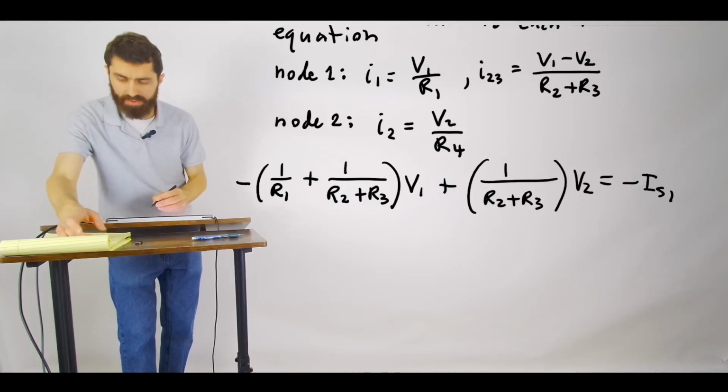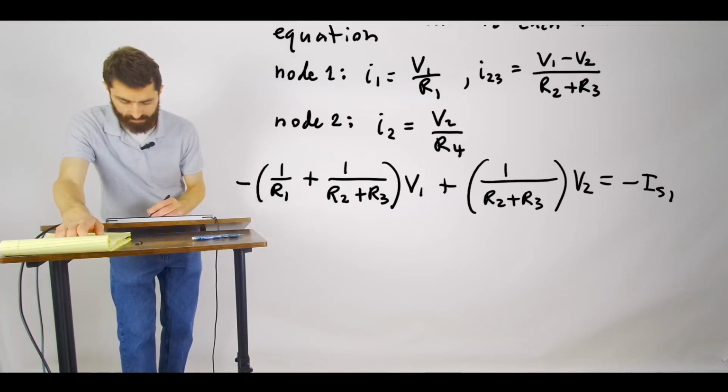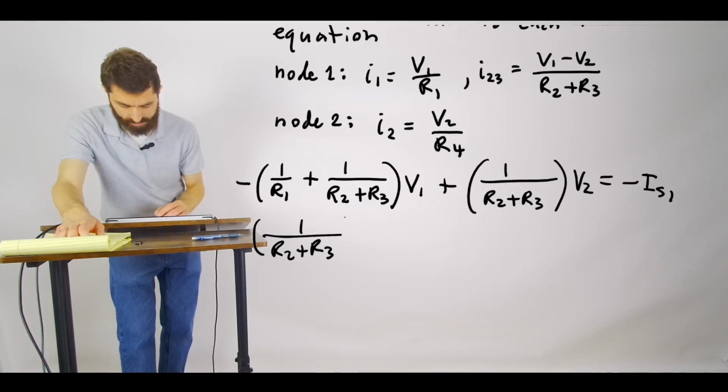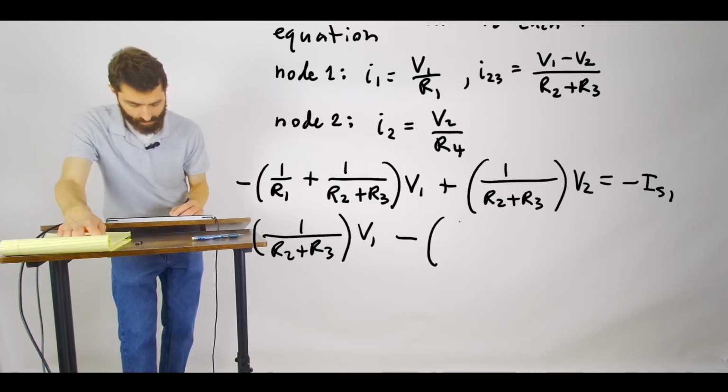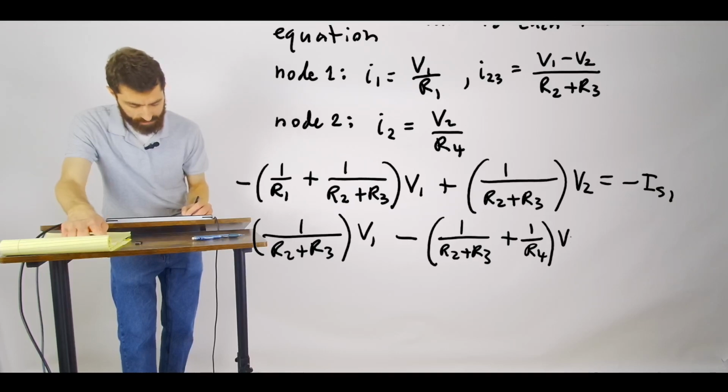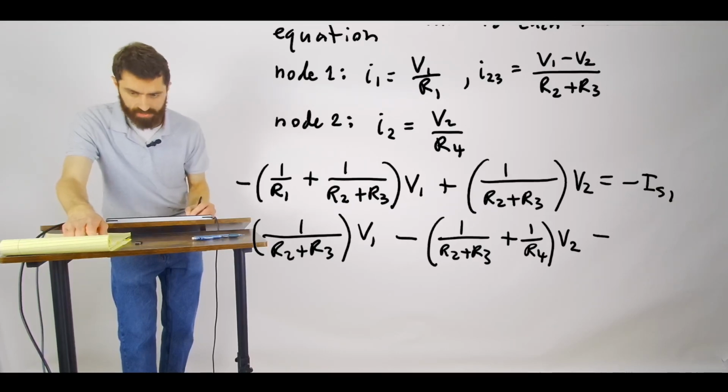And then the other equation, when you plug that in, you'll get 1 over R2 plus R3 times V1 minus 1 over R2 plus R3 plus 1 over R4 times V2, and that's all going to be equal to minus IS2.